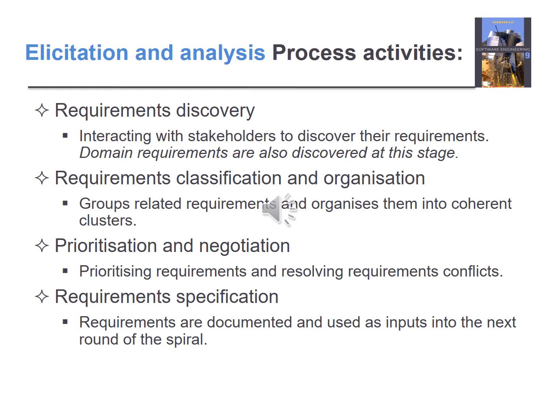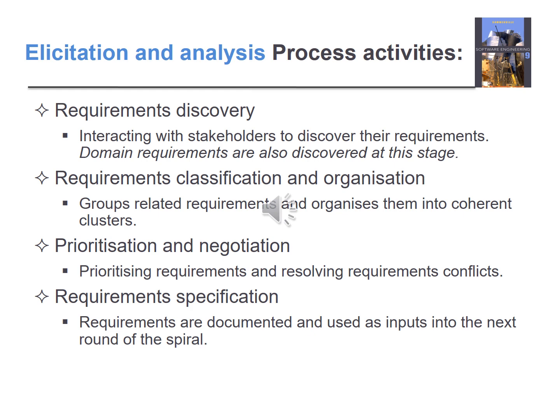As we see in the diagram in the slide before, requirement discovery is interacting with the stakeholders, collecting the requirements from them. Then requirement classification groups related requirements and organizes them into coherent clusters. All these 10, 15, 20, 30 requirements in one cluster. Cluster is like a cluster of grapes, we cluster them.